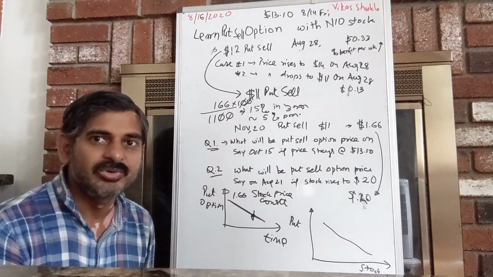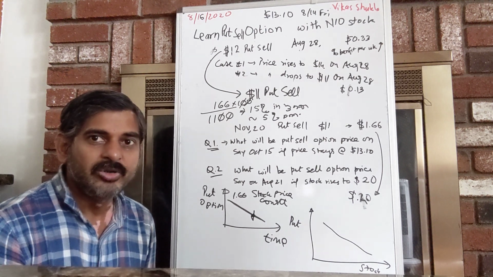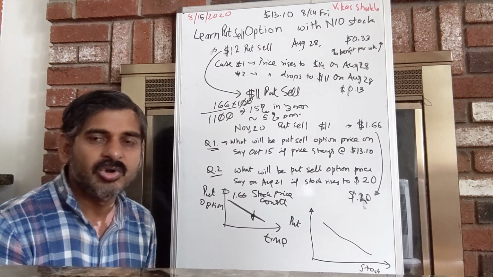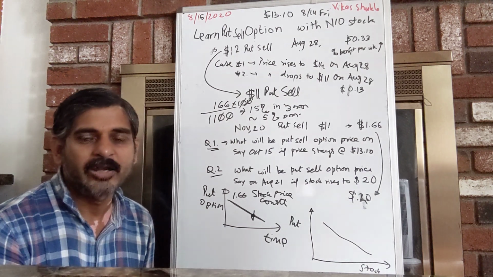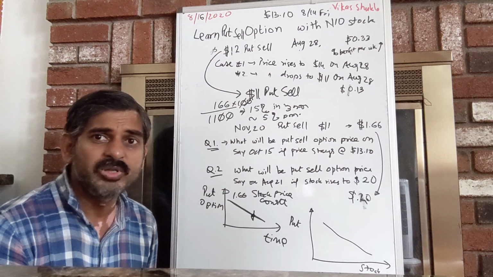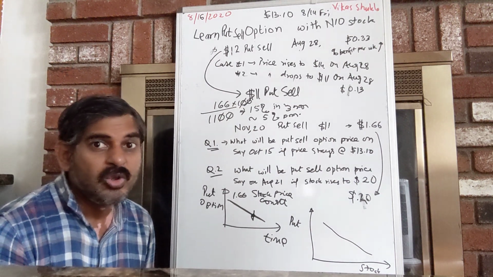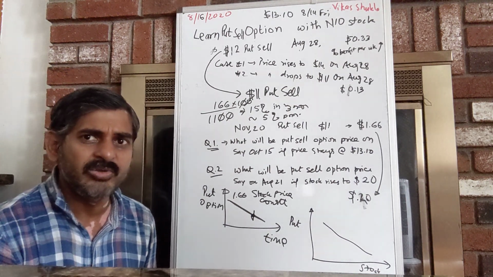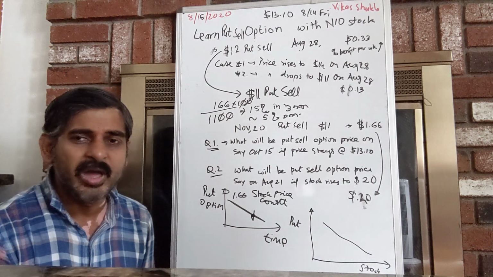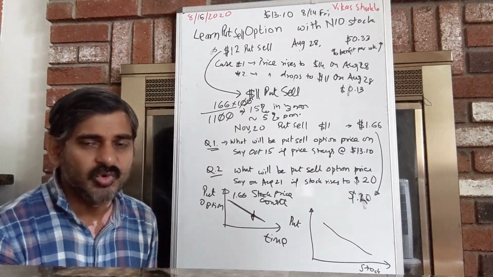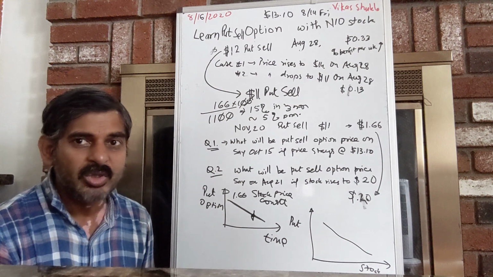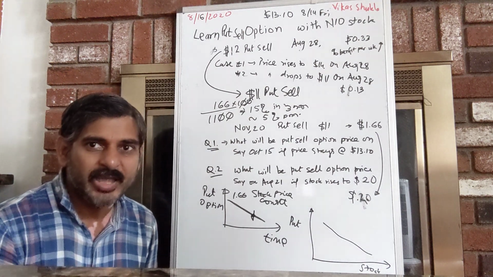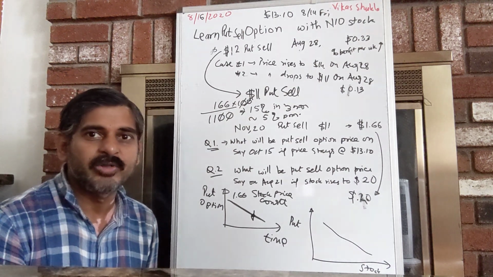Unless you do your own practice, the only way is to go back to your option trading brokerage account, or at the minimum go to Yahoo Finance, click on the option tab, look at the put option price today, and then follow it on Monday morning, and watch its movement in the time domain, and its movement with respect to price, because the number of variables is more. It takes time to get a feeling for it, but I hope that eventually it will help you.